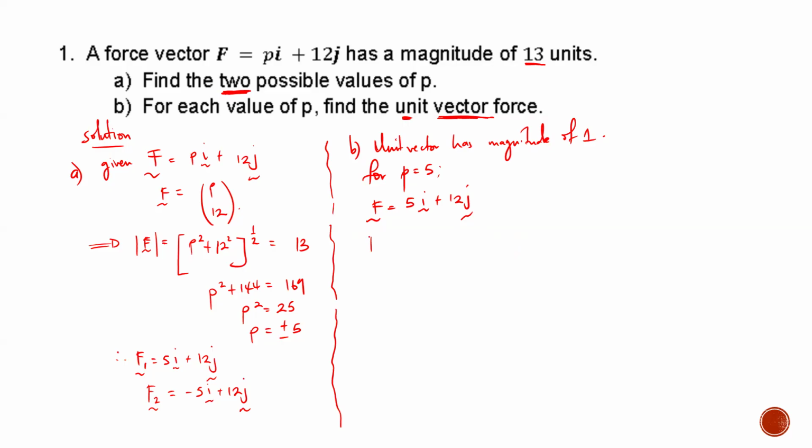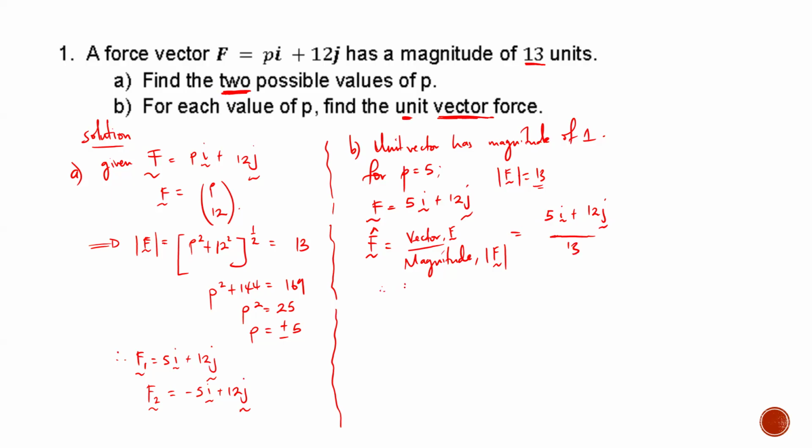So the unit vector, which is written with a hat on top, is equal to the vector divided by the magnitude. In this case, we are dealing with F, and the magnitude of F we have seen is 13. So our vector, 5i plus 12j, is going to be divided by 13.